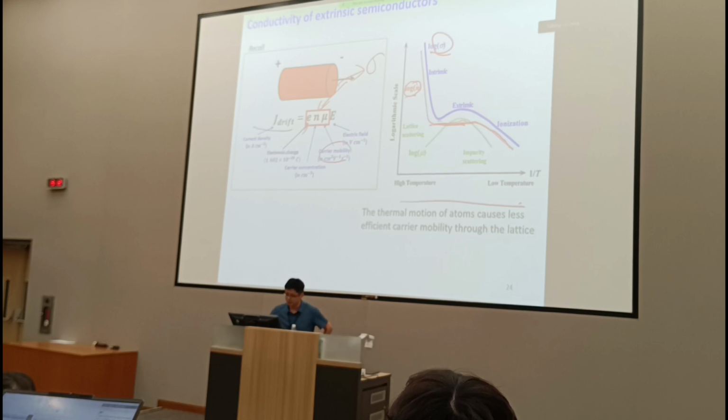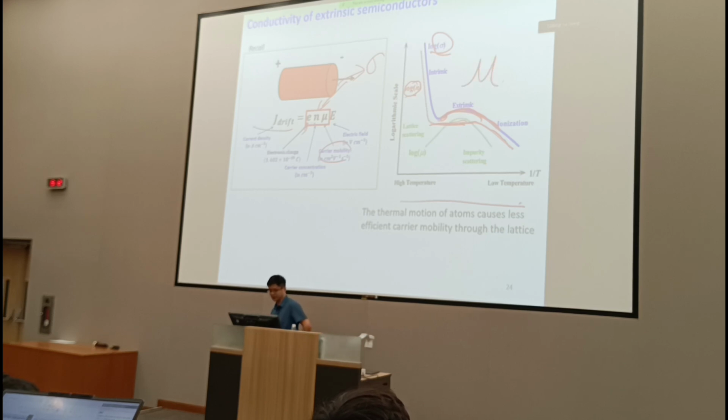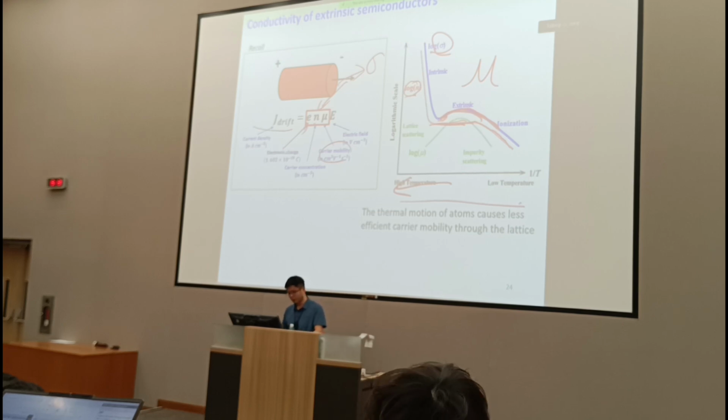Actually, this part is no longer flat. Because even though your n is constant, your mu, the mobility, is not constant. At higher temperature, the lattice vibration gets more vigorous, right? The more vibration of the nuclei causes higher resistance for your electrons. That makes it go downwards, reducing the conductivity, right? That's one of the reasons, okay?